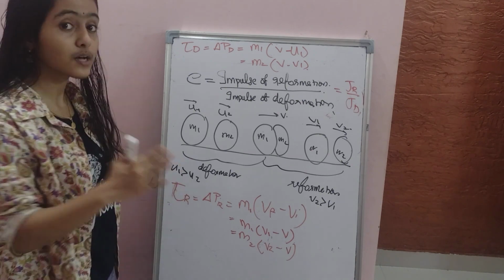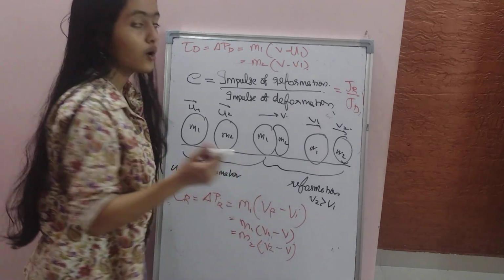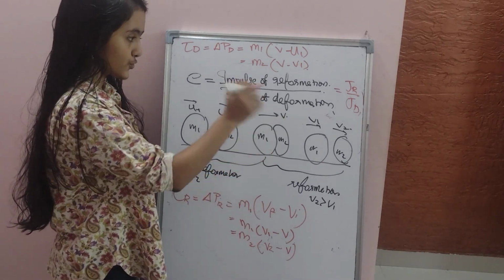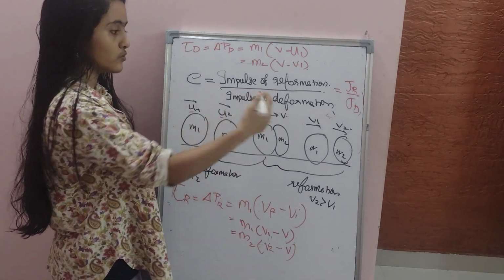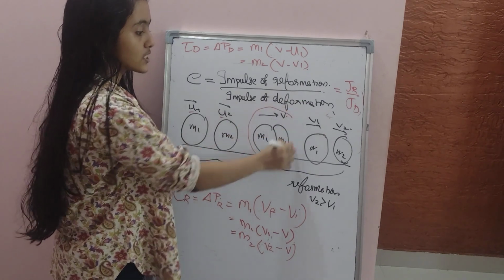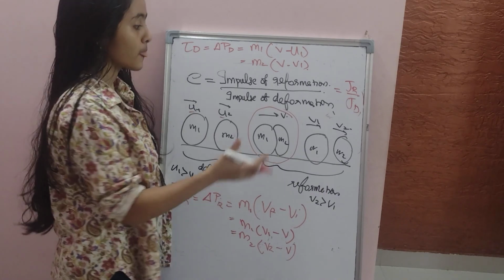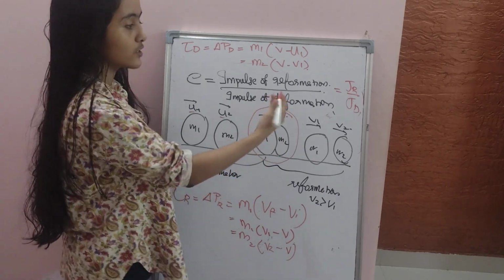But see here, we have an unknown term v. We don't know the value of v. We know v1, v2, u1, u2, but v is just for a short time and we don't know its value. So we have to convert this value.